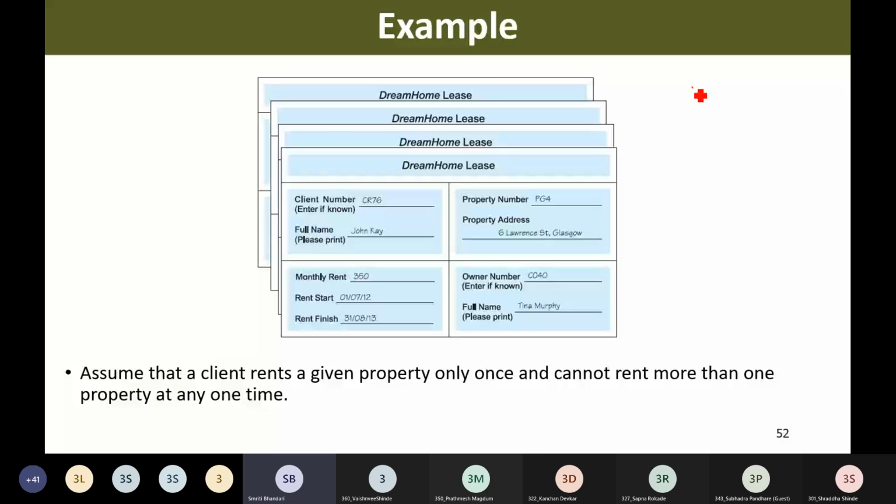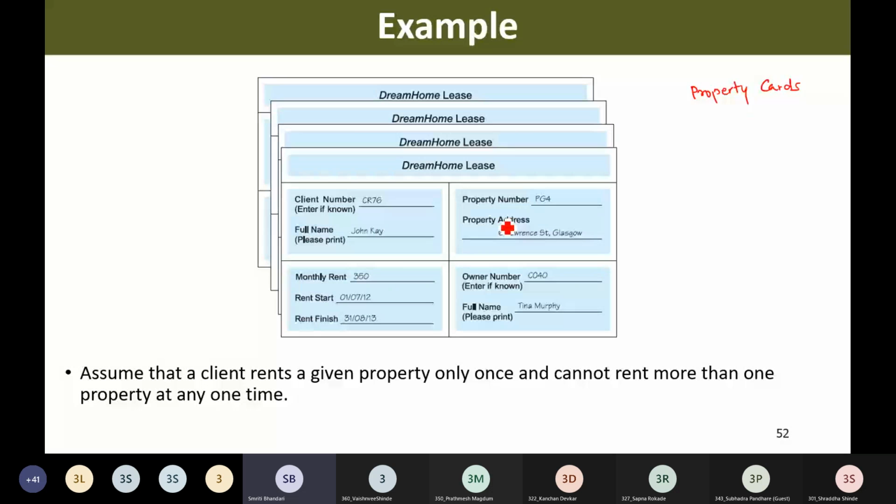On this card we have several attributes for which the information needs to be stored: client number, name of the client, property number, address of the property, monthly rent, starting date, ending date for the rental period, owner number and owner name. These are the attributes that we would like to store.